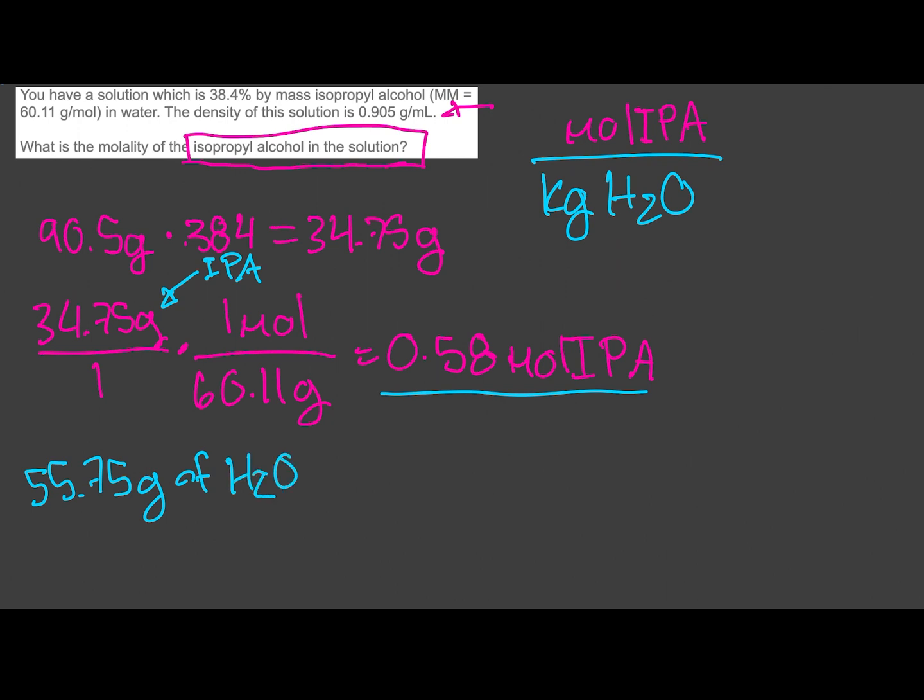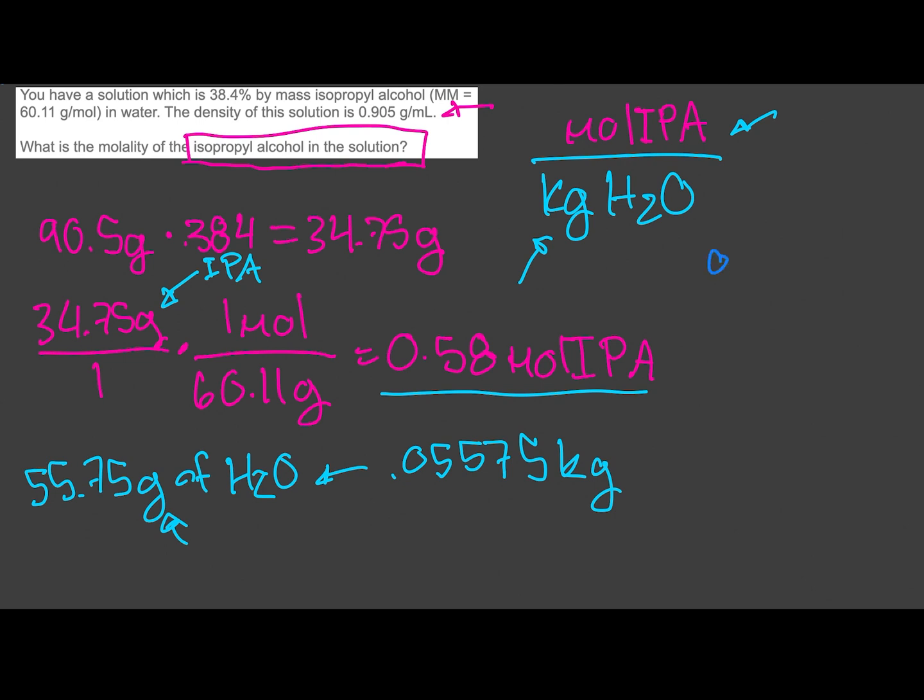Since this is in grams, all we have to do is convert this into kilograms. In order to do that, we just divide by 1,000. I'm going to do that in my head. That's going to be 0.05575 kilograms. All we need to do now is plug this into this equation right here, and that will be our answer.